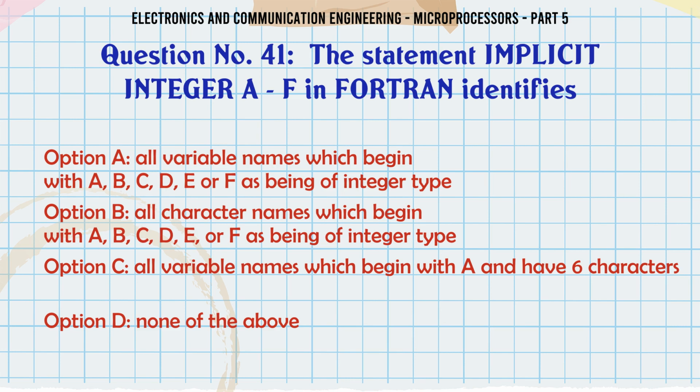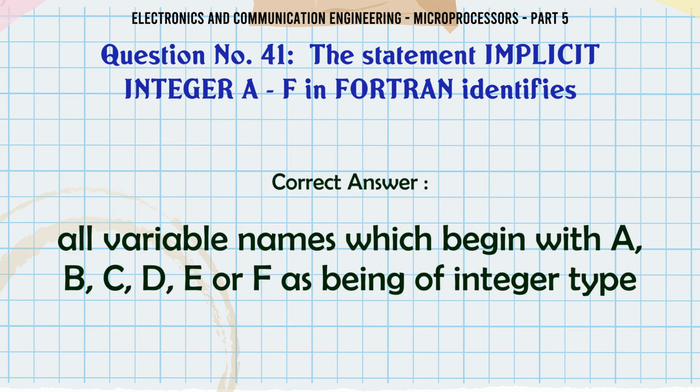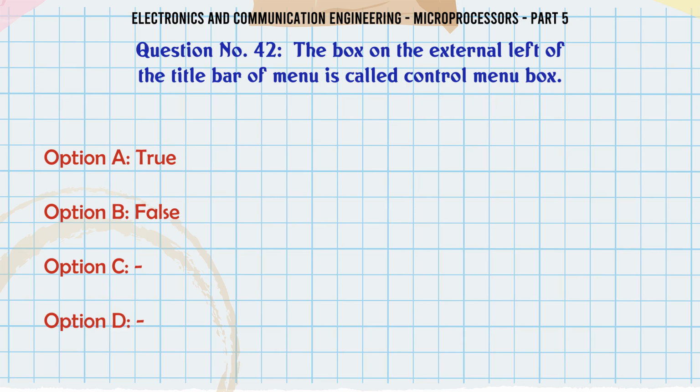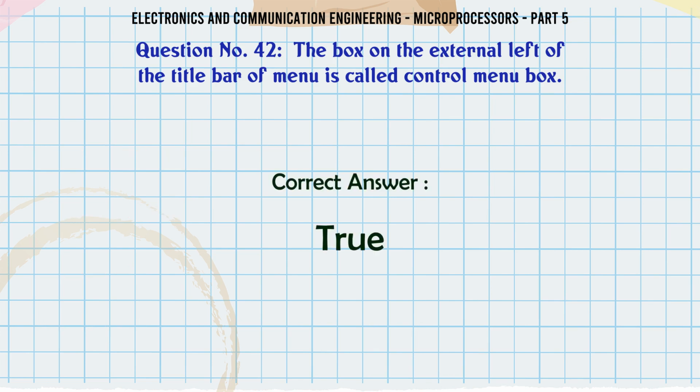D. none of the above. The correct answer is all variable names which begin with A, B, C, D, E or F as being of integer type. The box on the external left of the title bar of menu is called control menu box. A. True, B. False. The correct answer is true.